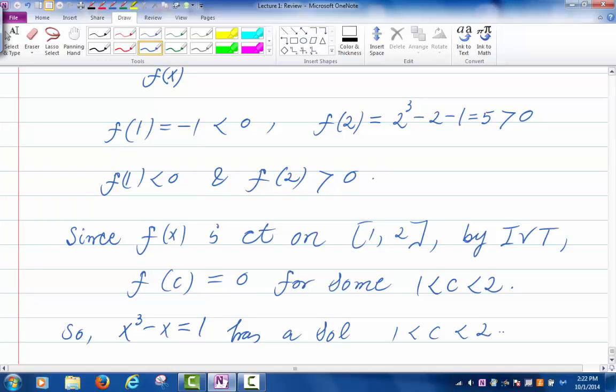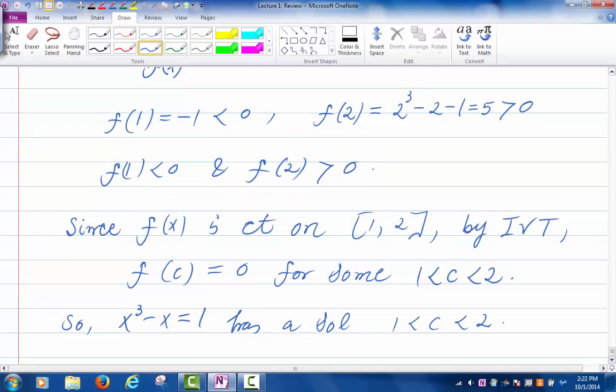So not only did we show there is a solution, but we also showed that the approximate location of the solution is between 1 and 2. Is that okay? Is everybody doing okay? Okay.